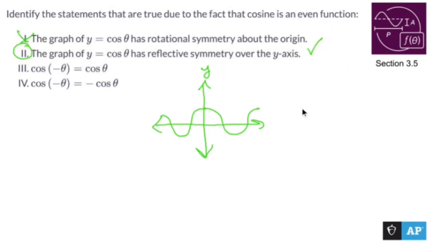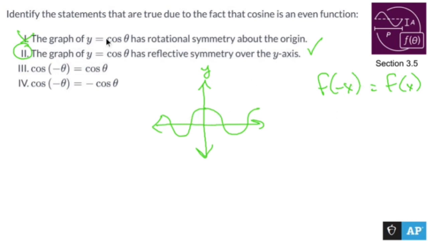Now, you may also remember a fun fact about an even function, that f of negative x is going to end up equaling f of x. What that means from a graphical point of view is if I plug in negative a, I'm going to get the exact same thing as if I were to plug in regular a.